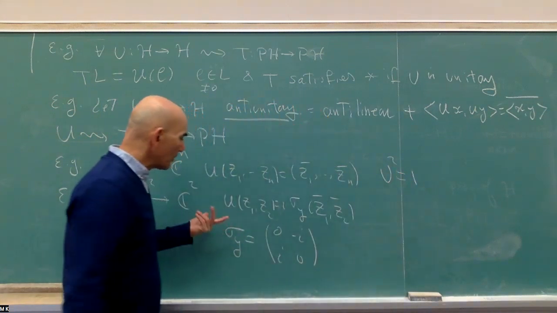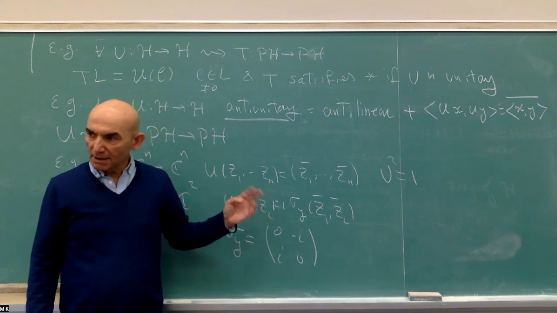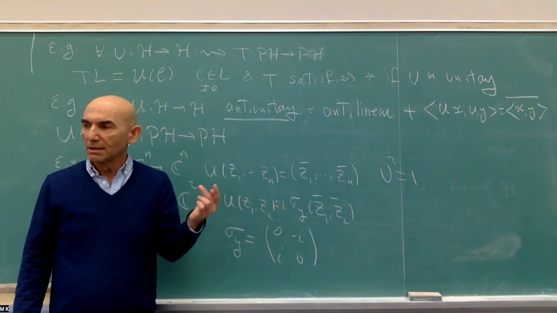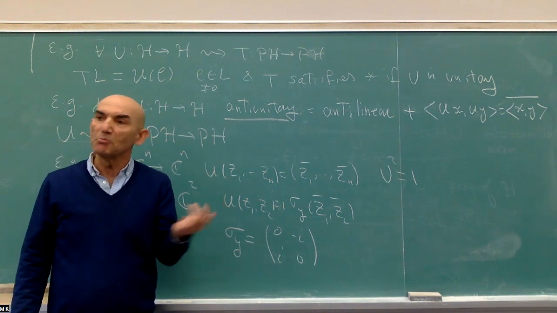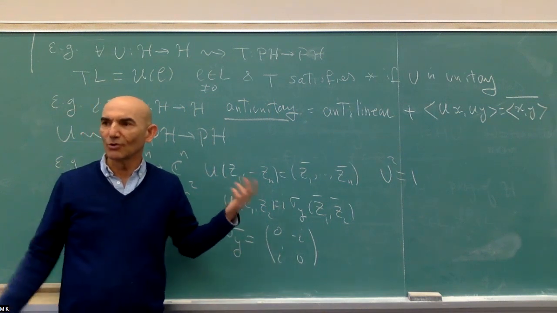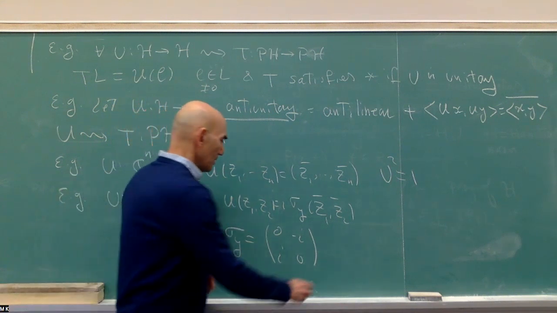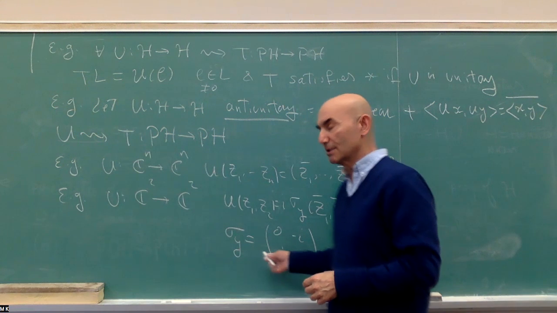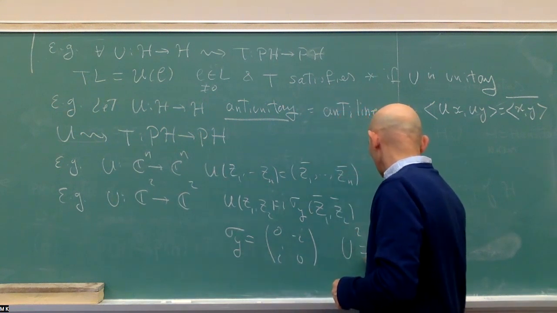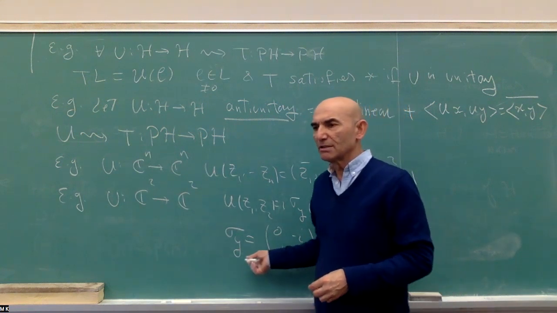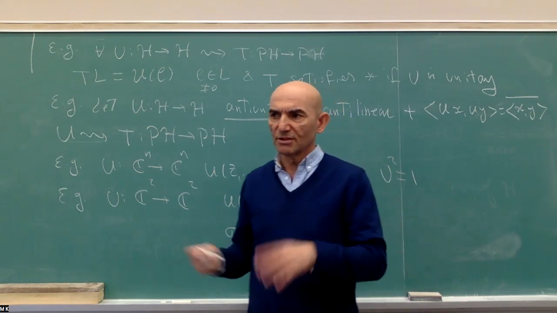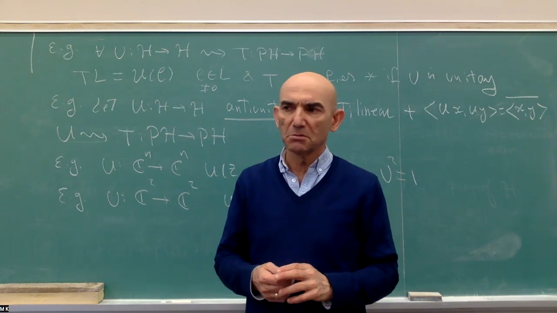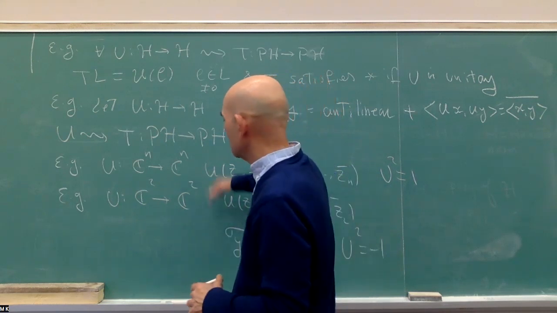Sometimes you want not only U to be anti-linear, you want U squared to be minus 1 also. That's also a feature. For this one, you can check that U squared is equal to minus 1. I believe this is related to the charge conjugation of Dirac and also the stuff you're doing in the spectral algebra. Anyway, this is a side remark.